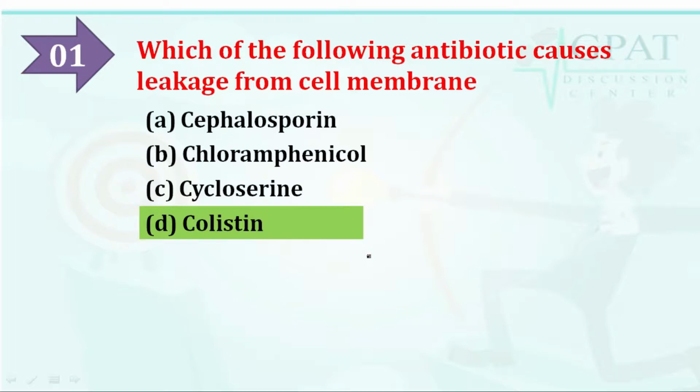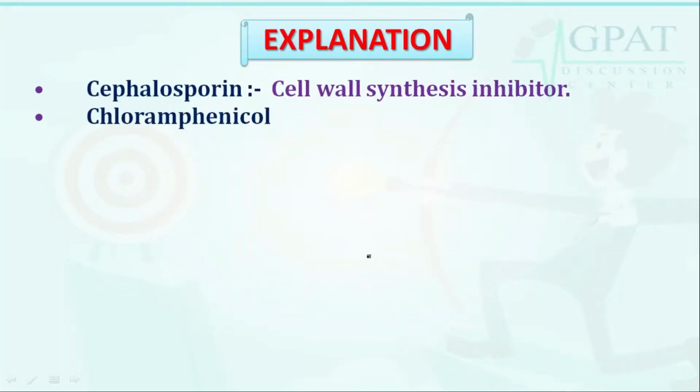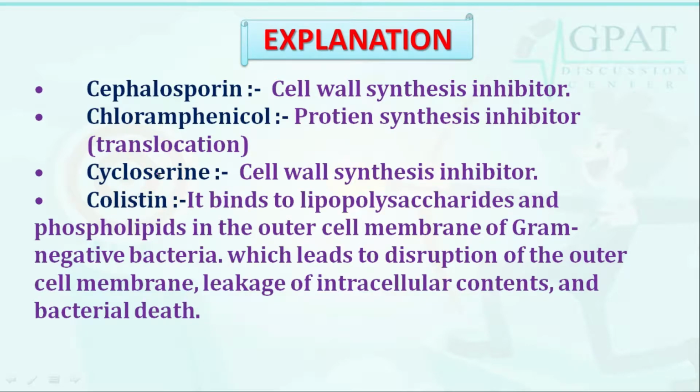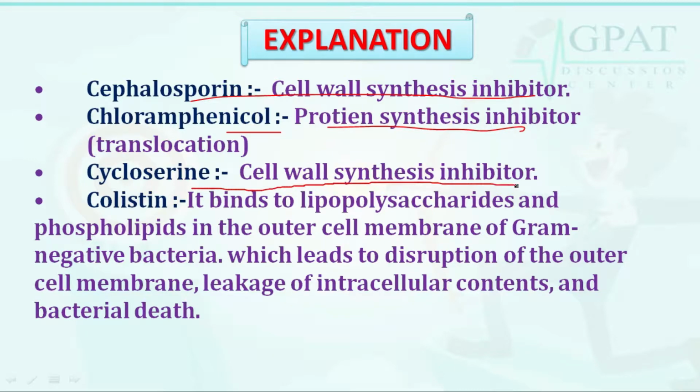So let's discuss with the help of the explanation. Cephalosporin is a cell wall synthesis inhibitor, whereas chloramphenicol is a protein synthesis inhibitor and cycloserine is a cell wall synthesis inhibitor.